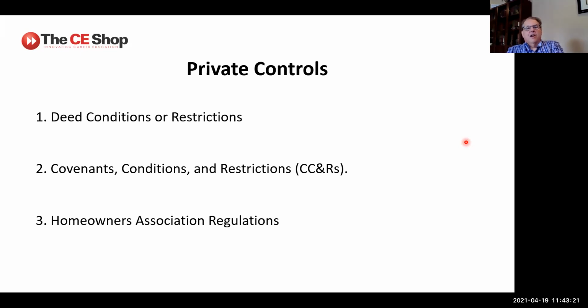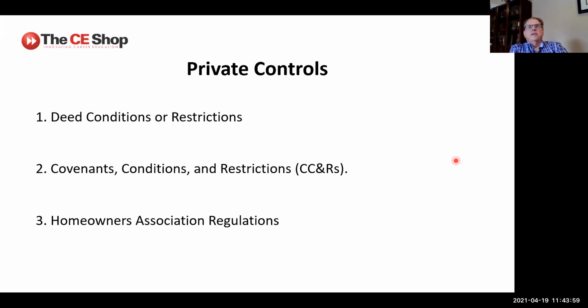And then homeowners association regulations, and that could be tied in directly with CC&Rs. So homeowners association regulations could be in a development, like a PUD, a planned unit development, could be in a condominium project. You might have heard of a homeowners association in, say, a high-rise condo building, and they can be so restrictive as to say they can tell you the color of your window treatments.